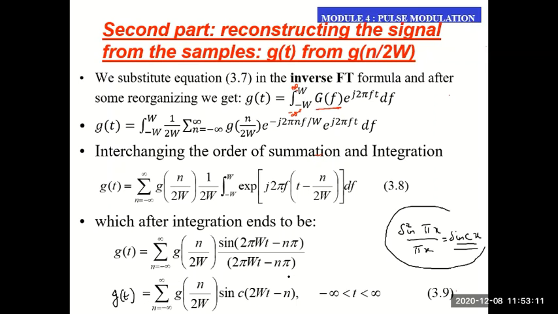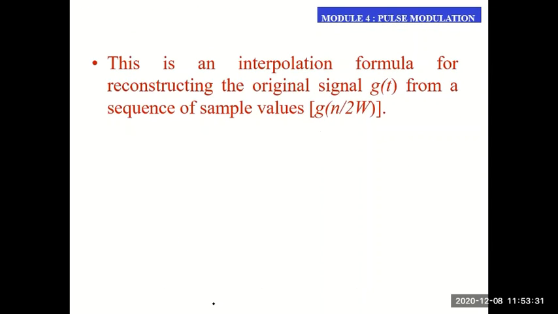This is known as the interpolation formula, and this shows us how we can reconstruct or get back the original signal from the samples g of n by 2w. So this is an interpolation formula for reconstructing the original signal g of t from the sequence of samples denoted by g of n by 2w.